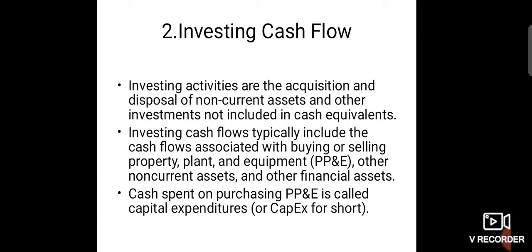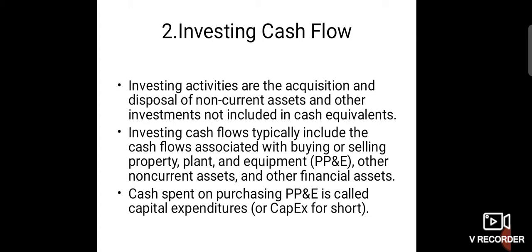Okay. So the main activities in investing activities are cash flows associated with buying or selling of property. That means mainly long-term capital assets like plant, property, equipment, machinery, etc. So the amount spent to buy all these things will come under investing activities cash flow.